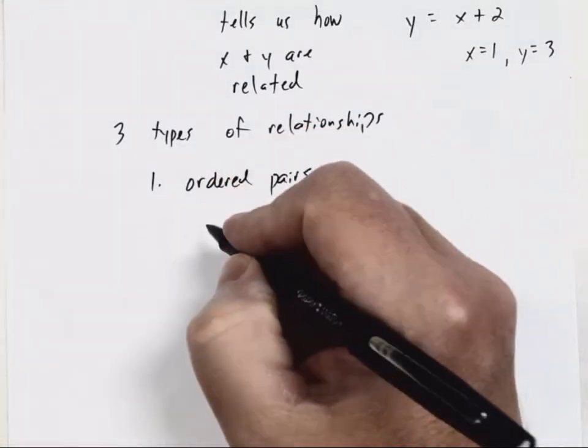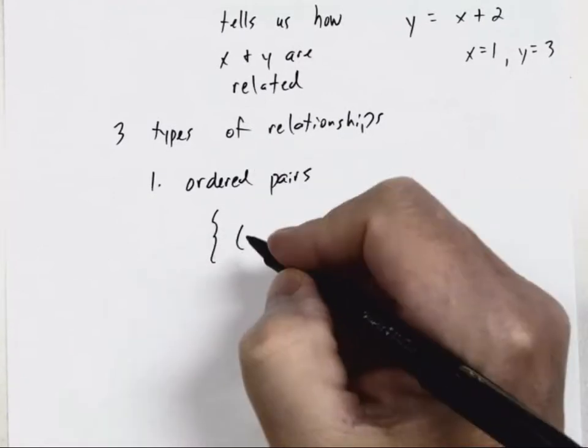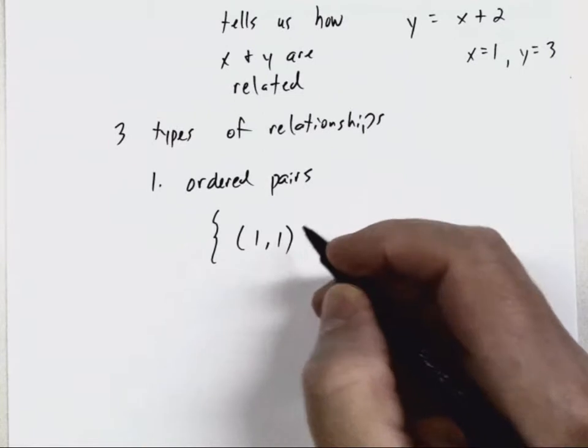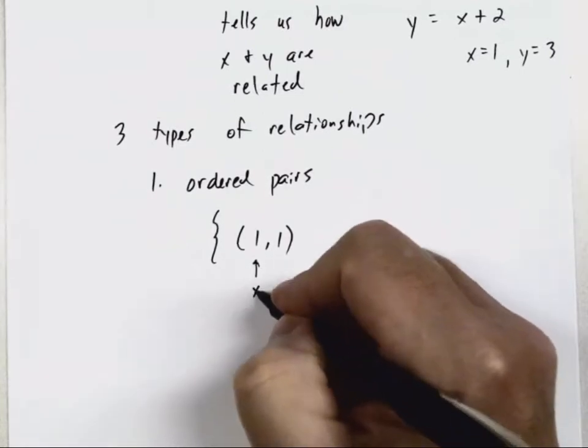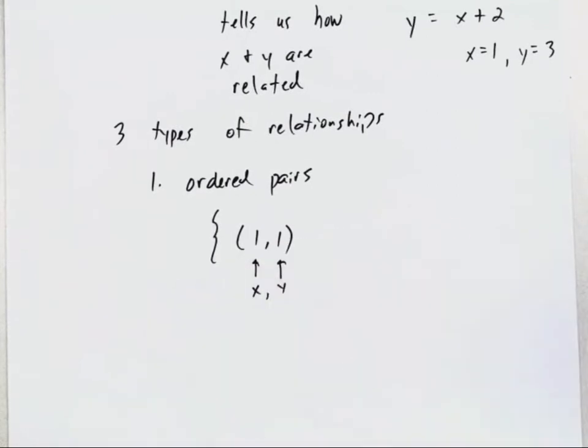So for instance, here's a set. This is an ordered pair, right, where the first number is your x, the second number is your y.